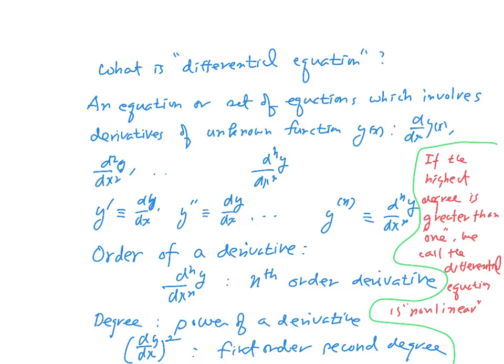So if degree is greater than 1, we call this differential equation nonlinear. It doesn't matter whether it is the degree of the highest order or the degree of the lowest order derivative that is greater than 1. Either way, we call this differential equation nonlinear. And nonlinear differential equations are extremely difficult, and we are not going to cover that. So you can be relaxed.